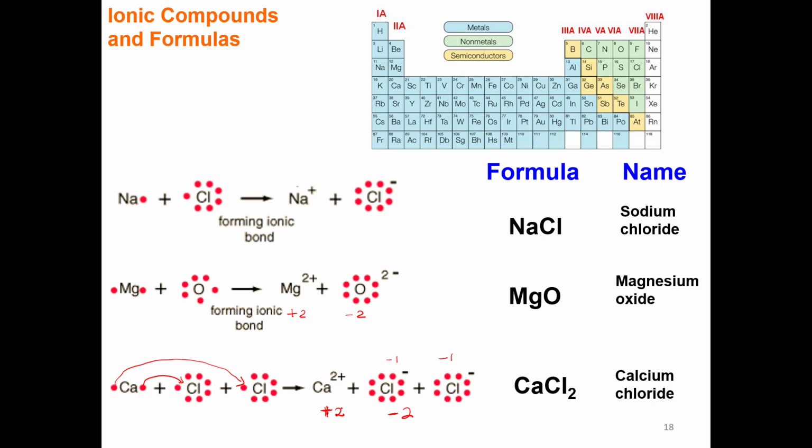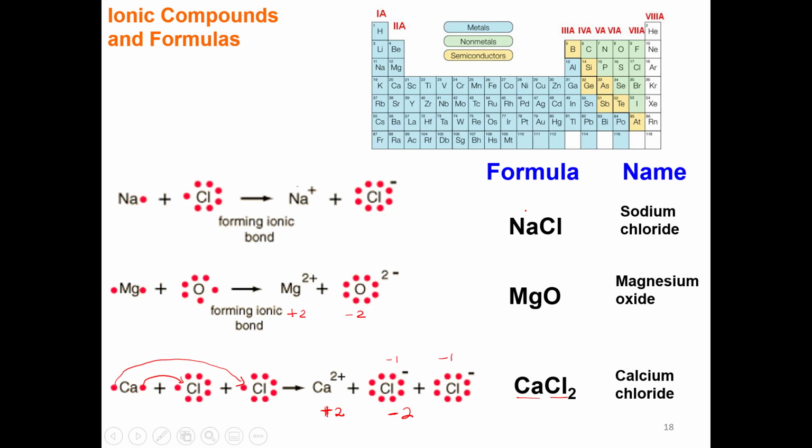And how will we express this in the formula? To write the formula, first the metal, which is calcium, is this one, then the non-metal. But because we need 2 chlorines, we will write 2 here that indicates we need 2 chlorines. And another thing to remember is we don't need any charge in the formula.